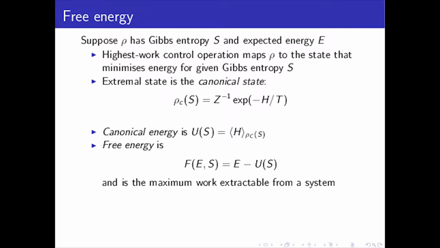And borrowing a term from standard thermodynamics in a slightly different context than it's normally used, the free energy of the system is the difference between the actual energy of the system and that minimal canonical energy. And that free energy is the maximum work you can get out of the system. Now notice, of course, a lot of these things are familiar from various bits of equilibrium statistical mechanics, but no assumption of spontaneous equilibration is in play here.